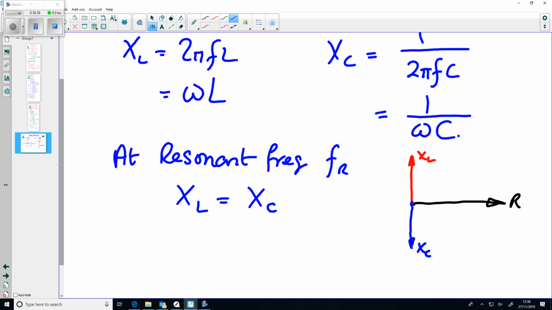Therefore, the overall reactance X is 0. And all you're left with is the resistance at resonance, because these two quantities, XL and XC, cancel each other out.